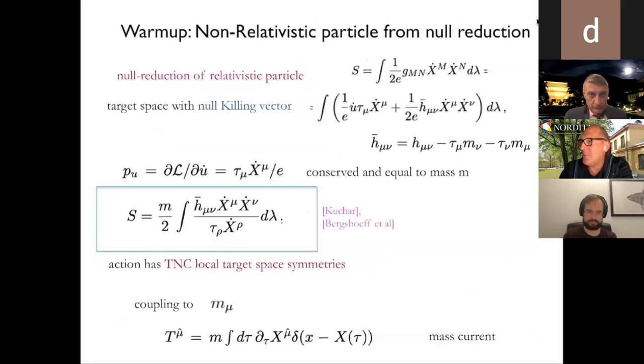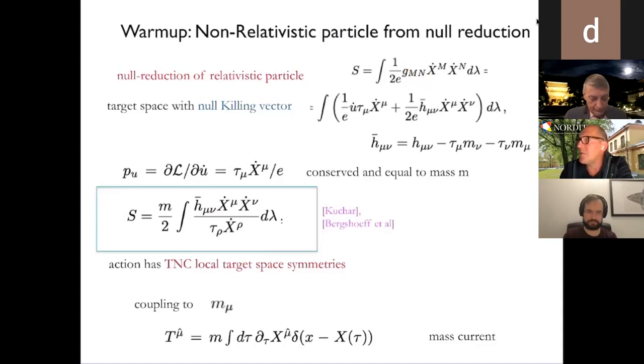But just to give you the basic idea, we all know the action of a non-relativistic particle. We insert the form of the metric that has a null Killing isometry. We write it out.